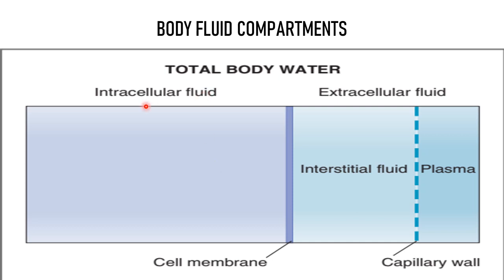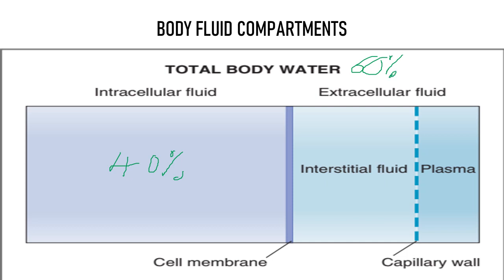As you can see here, this is another diagram, just to show the body fluid compartments. The total body water is divided into two main compartments, intracellular and extracellular. The intracellular fluid, as we said, is composed of 40% of the total body weight, and total body water is actually 60% of total body weight.